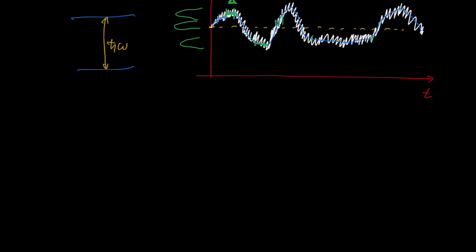So I don't actually have to average over time, I can average over an ensemble, and I can ask myself, what is the total spectrum of an ensemble?